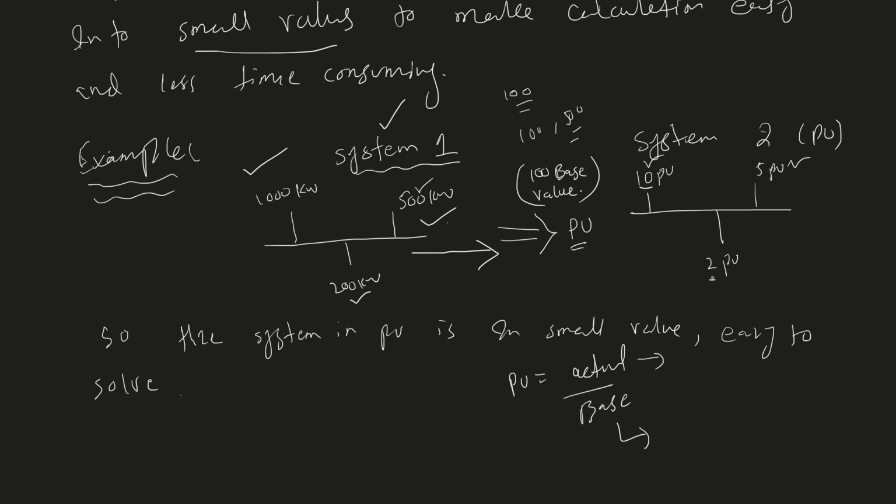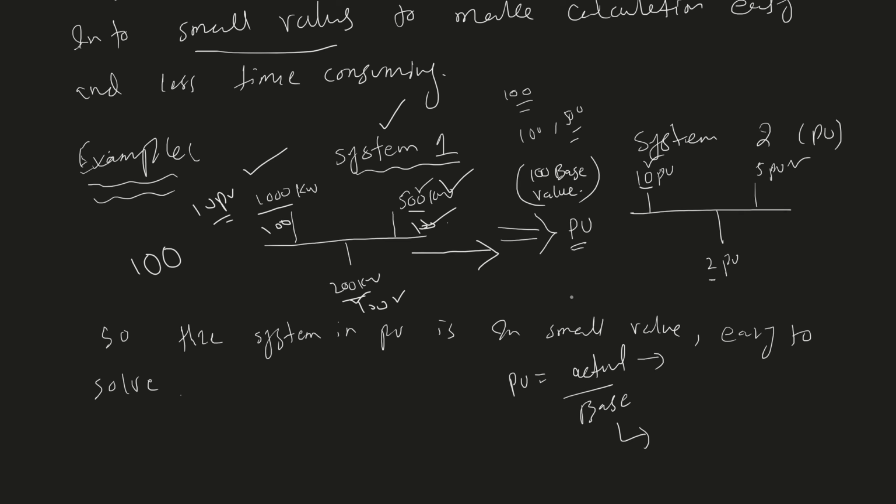The base value for this whole system is 100. So 1000 by 100, then 500 by 100, and then 200 by 100. This will give 10 per unit, 5 per unit, and 2 per unit.